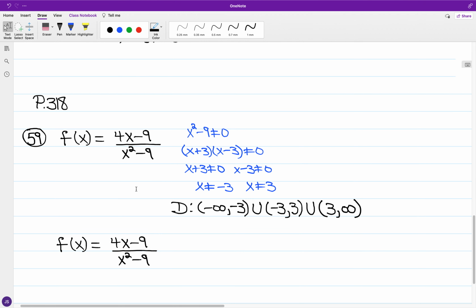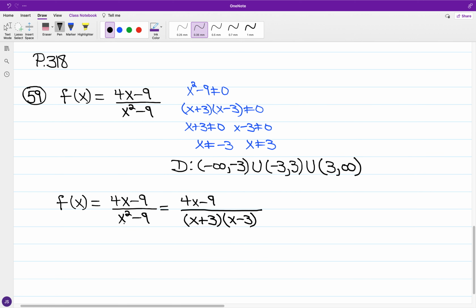Looking at this function, 4x minus 9 all over x squared minus 9, notice that x squared minus 9 again gives us x plus 3 and x minus 3. Neither x plus 3 nor x minus 3 is a common factor with the numerator, so this ratio is already in simplest form.